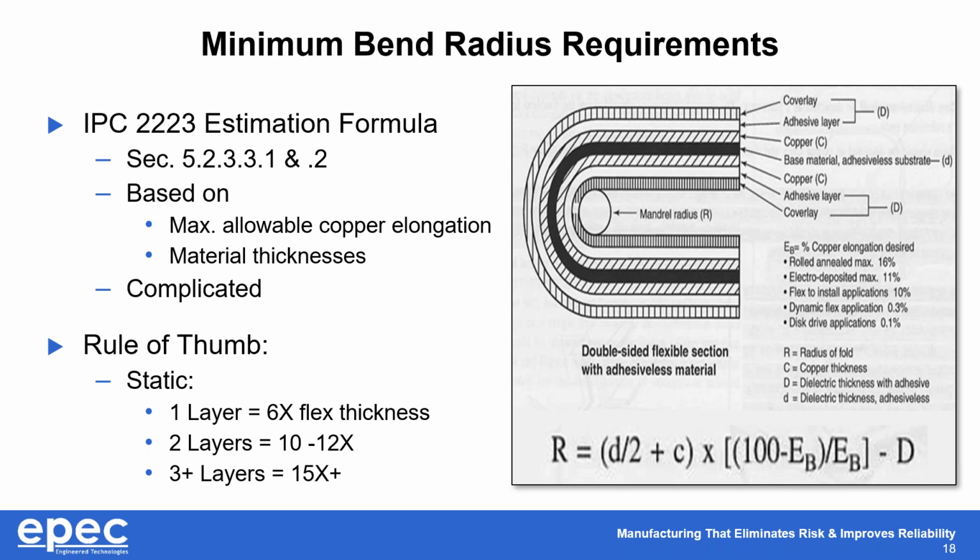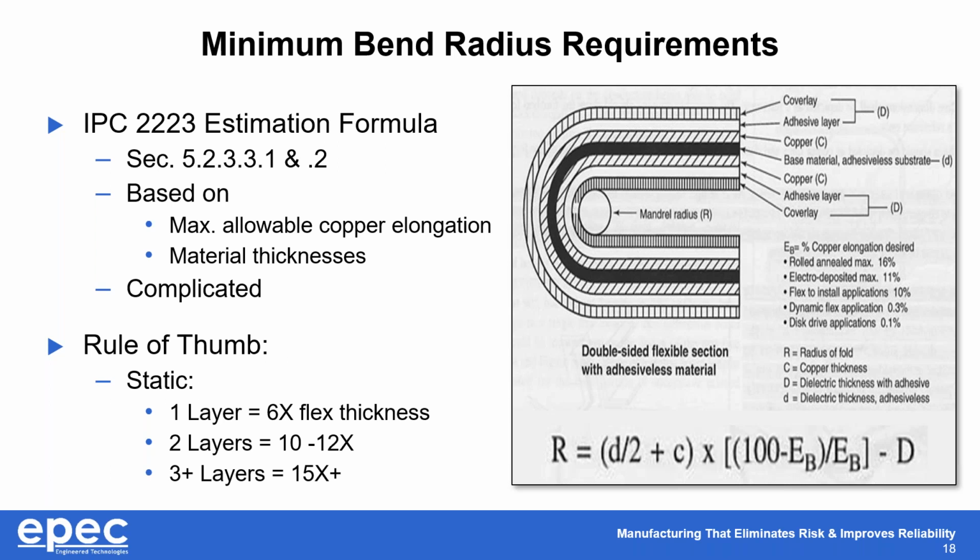It's an equation that's based on the maximum allowable copper elongation and the material thicknesses in a given design. It's a little on the complicated side, as you can see from the formula beside. You also have to apply the correct copper elongation percentage. So there are a number of variables, and it tends to be cumbersome.